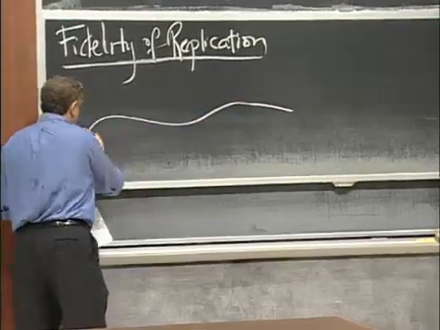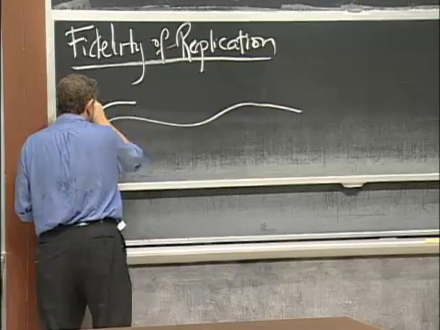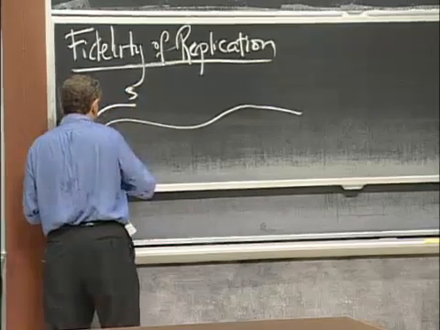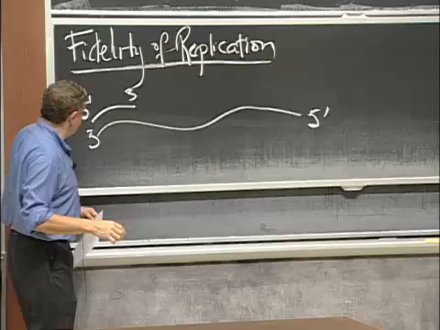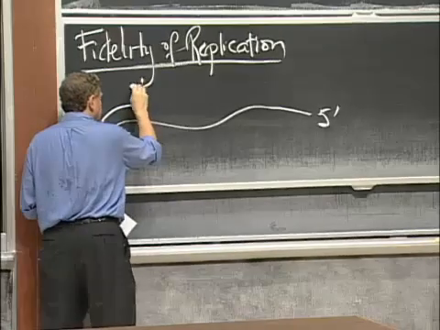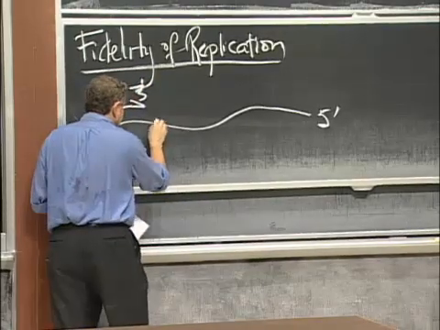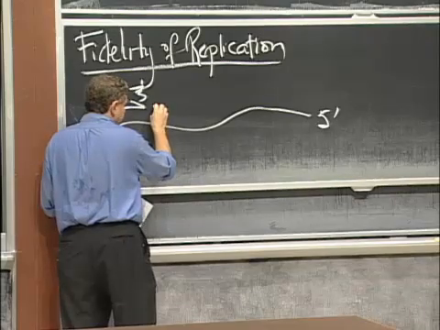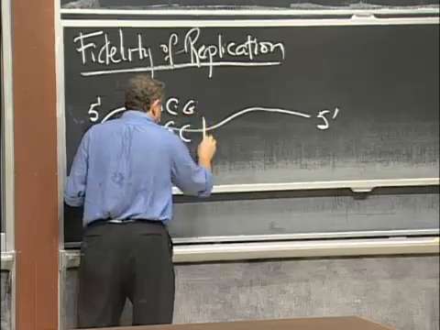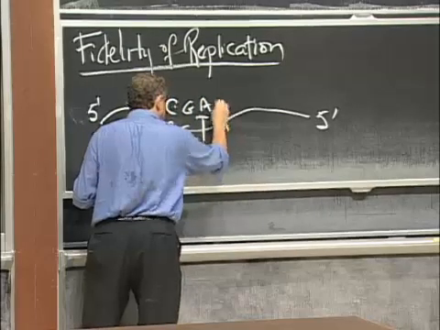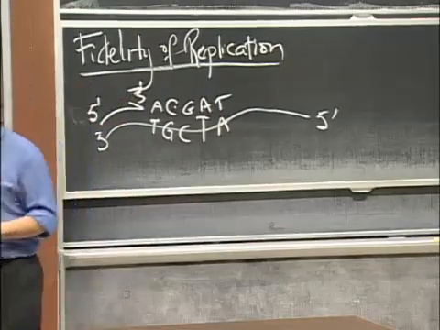Which direction do we go? We go, for this template, 5' to 3'. This way goes 5' to 3', the opposite direction there. I now add on, if this is a T, what do I add in? If it's a G, C, G, T, A, T, etc. Why does the right base go in?